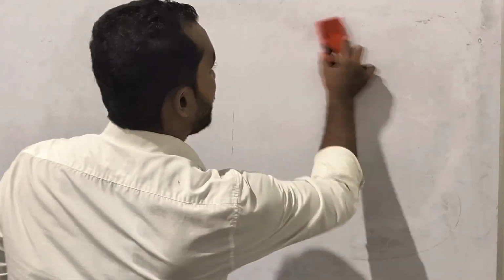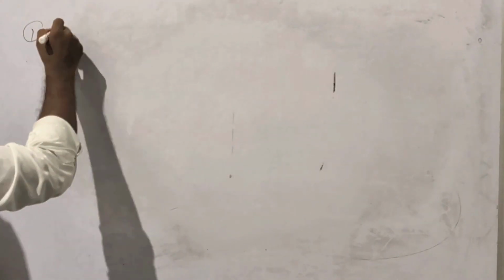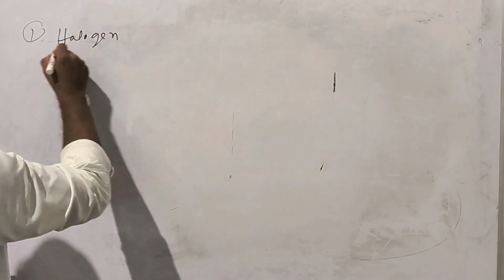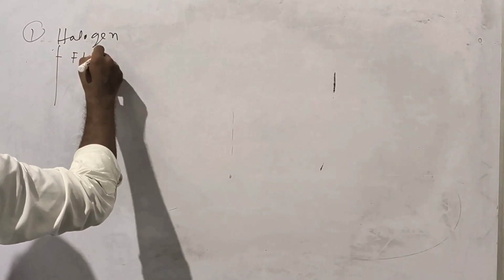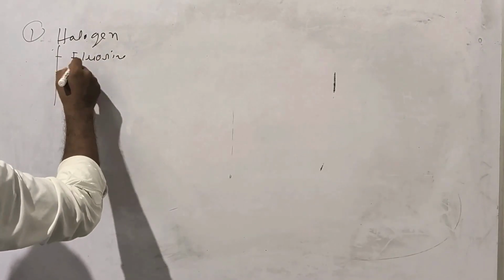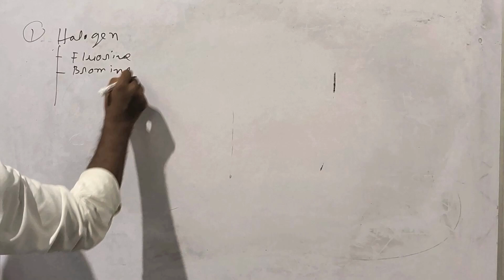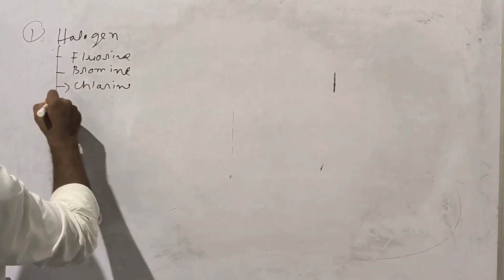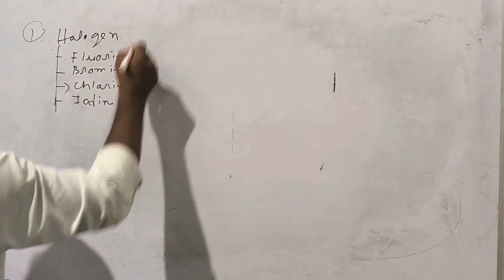There are several functional groups. The first functional group I am going to discuss here is halogen. Under this halogen we have fluorine, bromine, chlorine, and iodine.